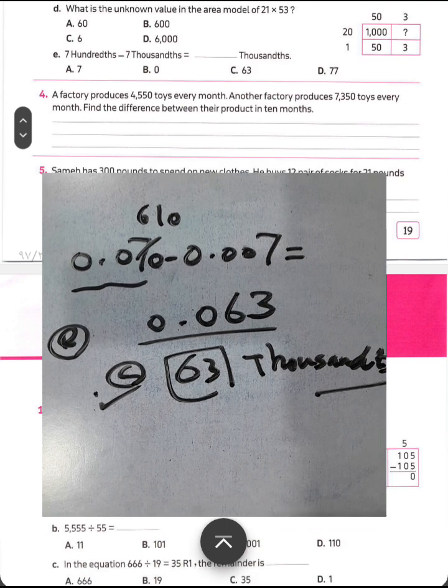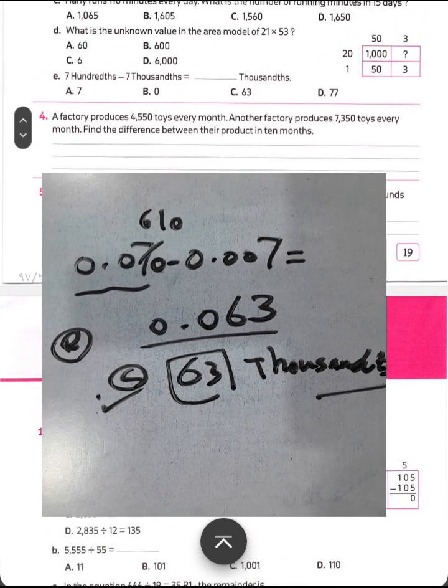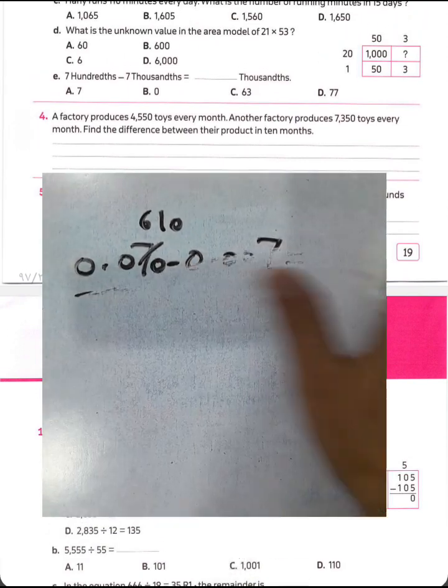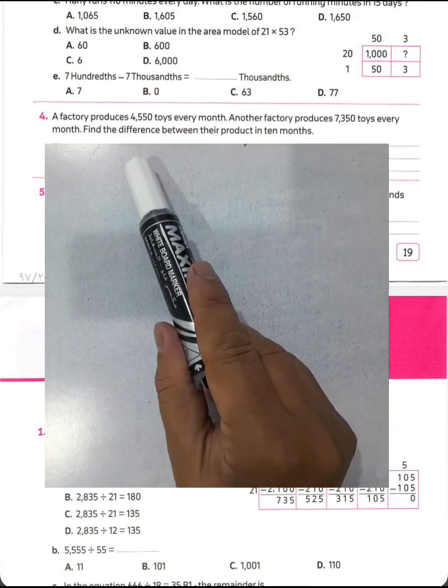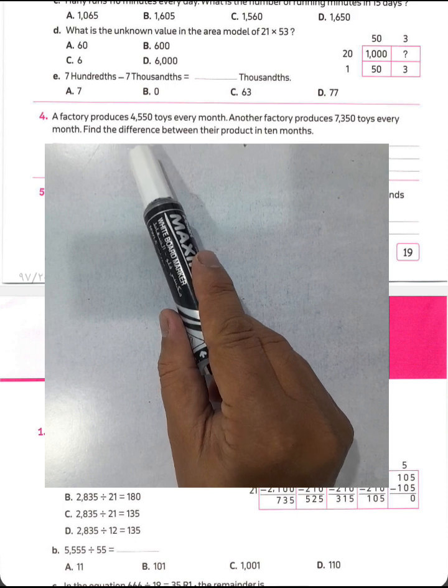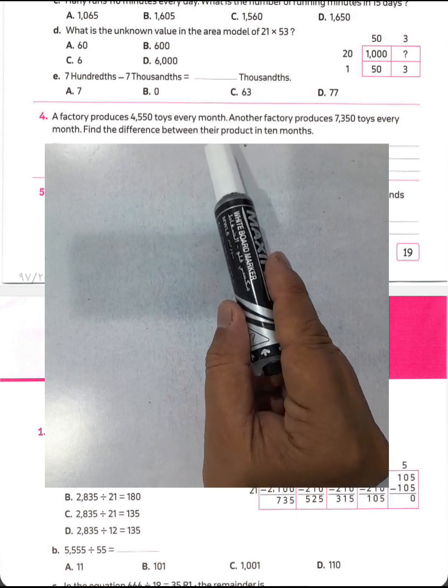Next question, question number 4. Look at the word problem here. A factory produces 4,550 toys every month. Another factory produces 7,350 toys every month.